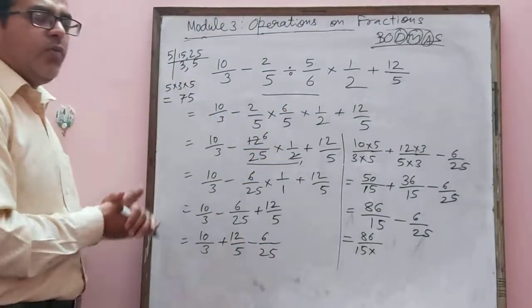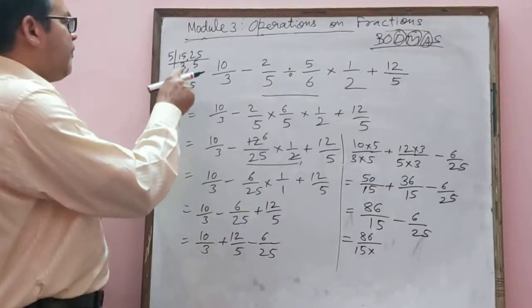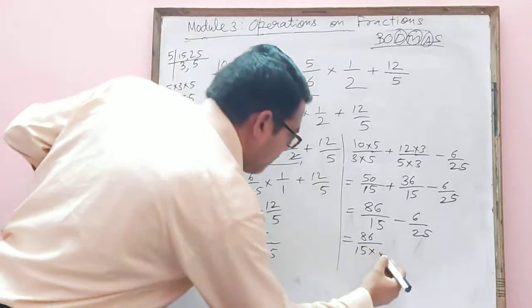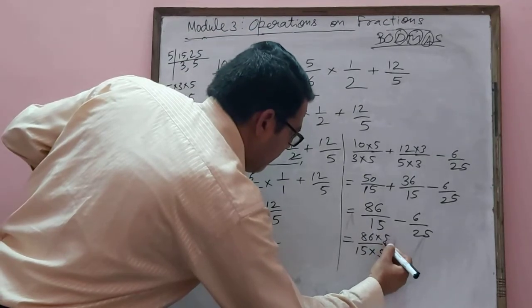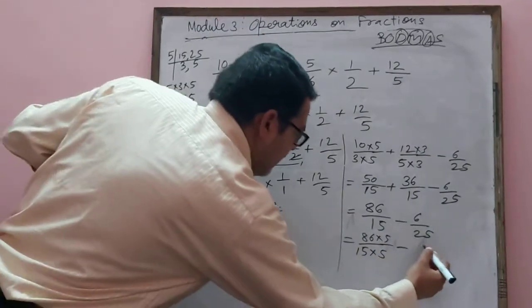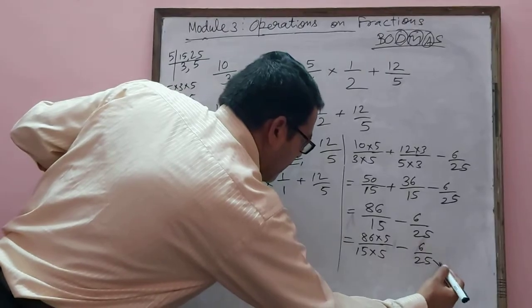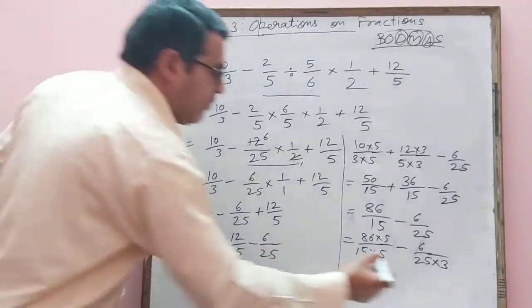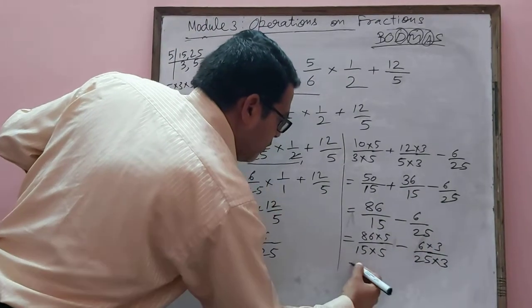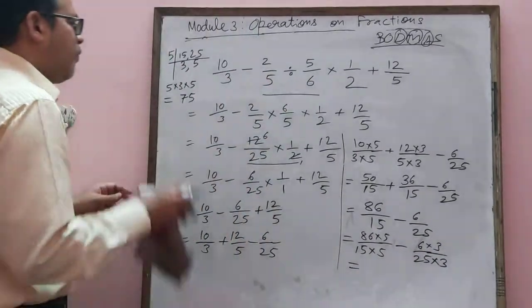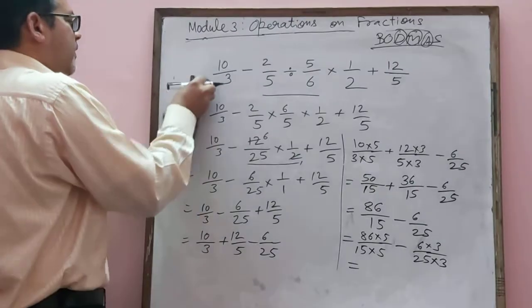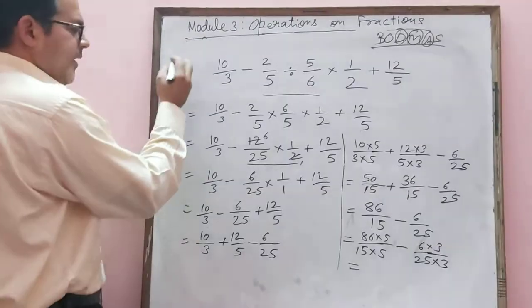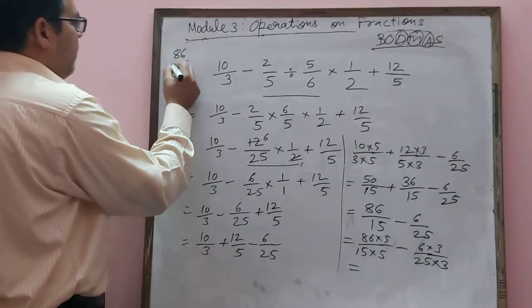It means we need to convert this 15 into 75. How we can convert 15? This 15 5s are 75. So we should multiply by 5 both the sides. And here, how we can convert in 75? If we multiply by 3 both the sides. So it is now 86 into 5. You need to multiply here. 86 into 5.